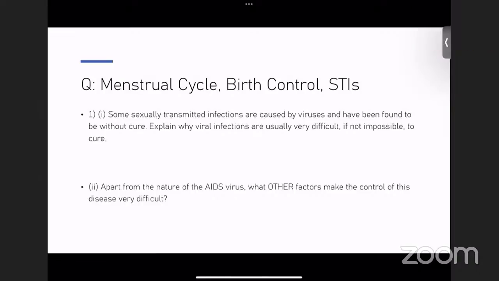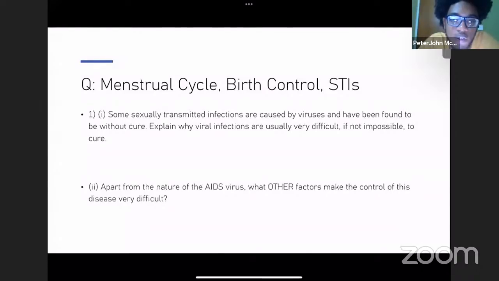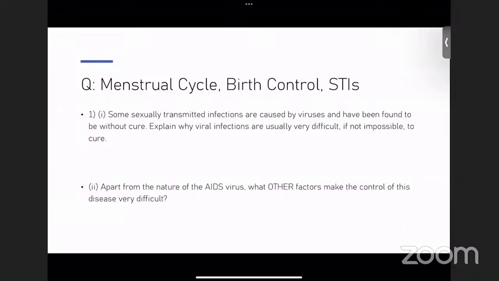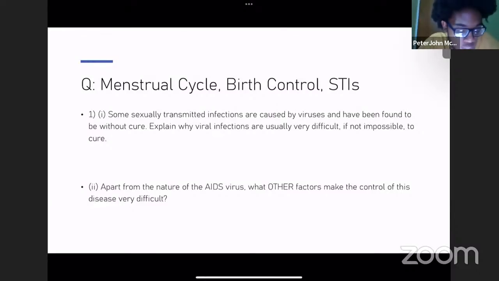Because they develop a resistance to the antiviral medicine. Antivirals, yeah. So they develop a resistance, but how? I guess mutation. Yeah, mutation, simple.